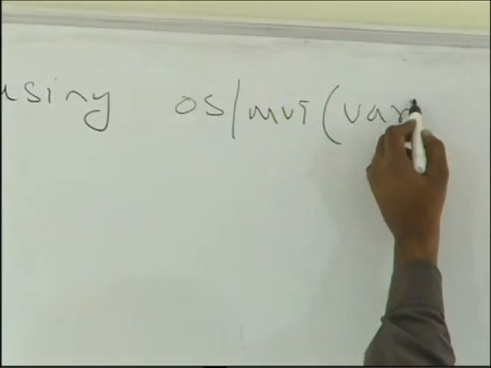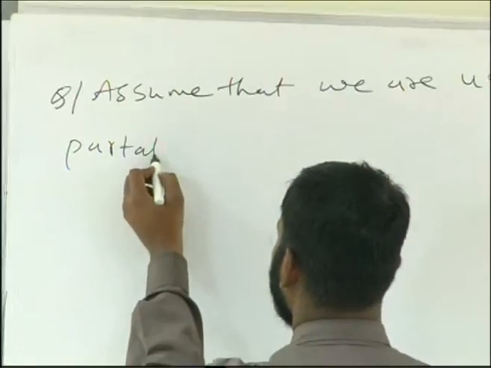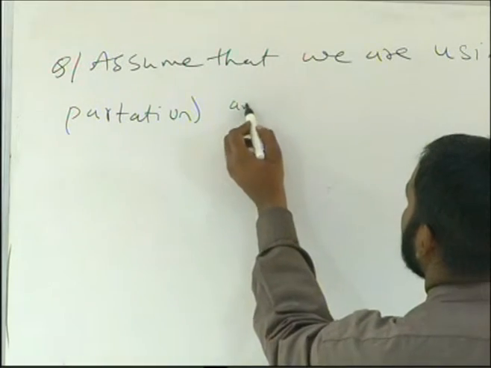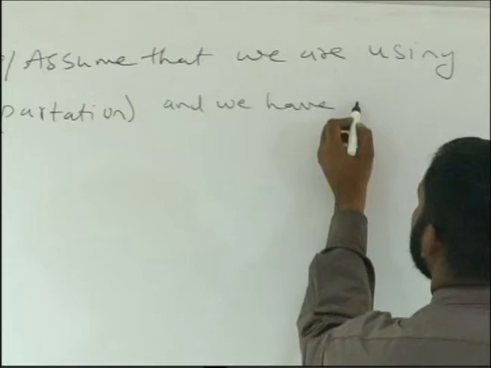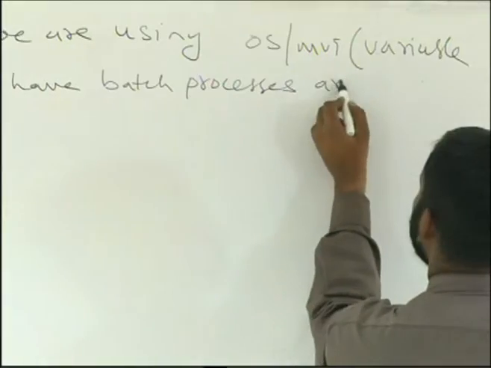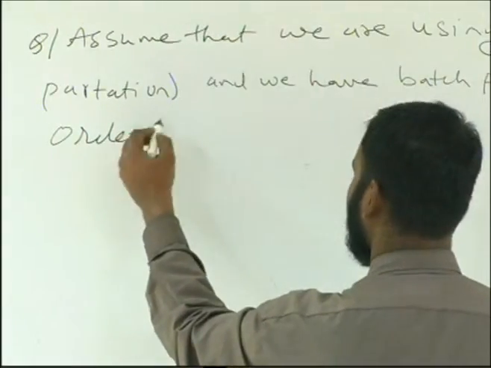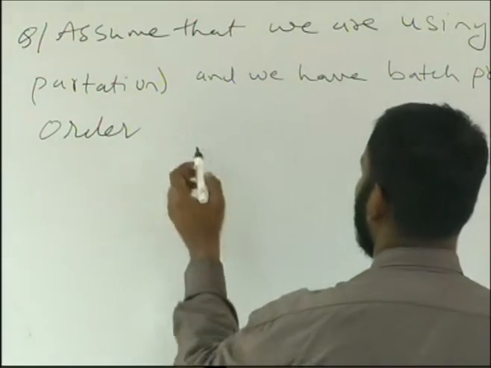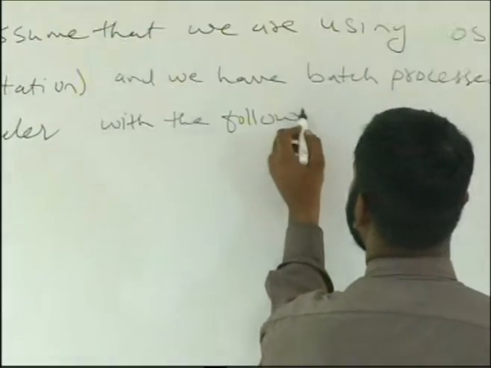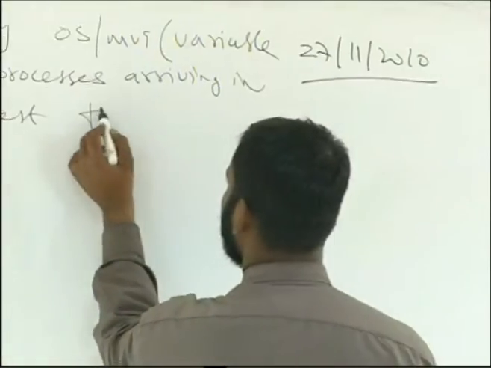MVT is variable partition, and we have batch processes arriving in order with the following request for storage.